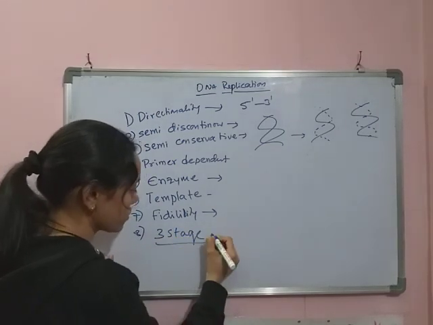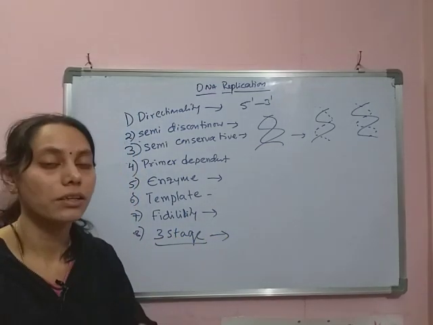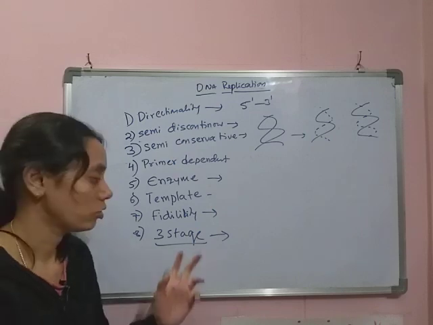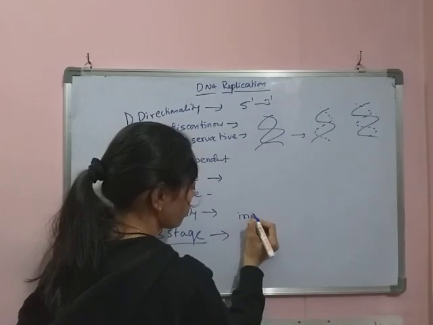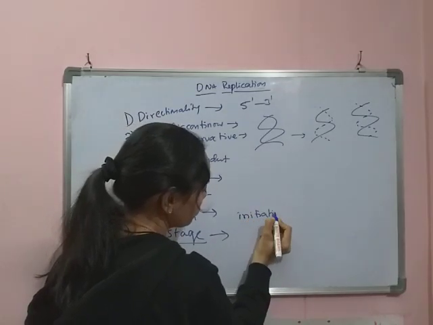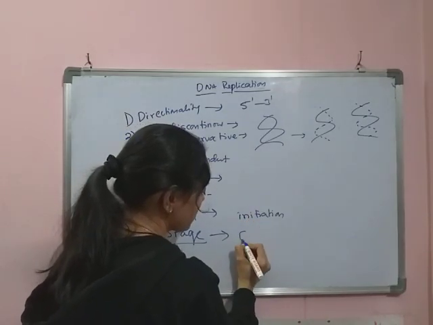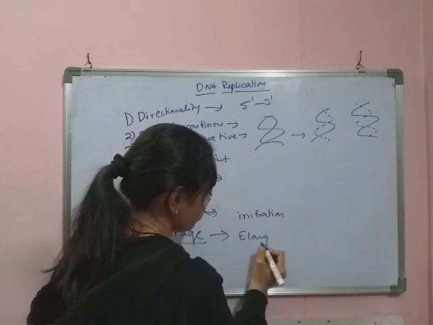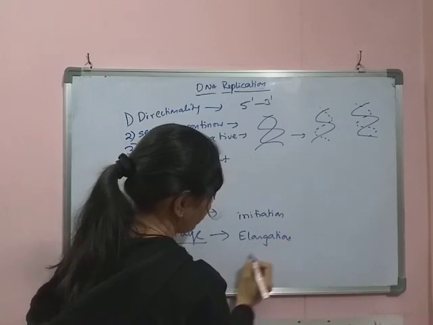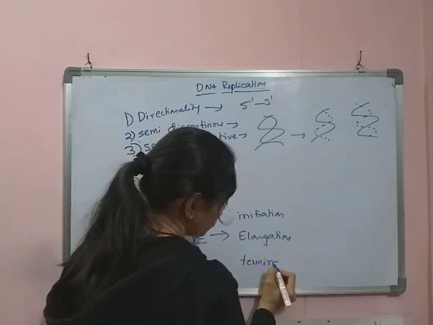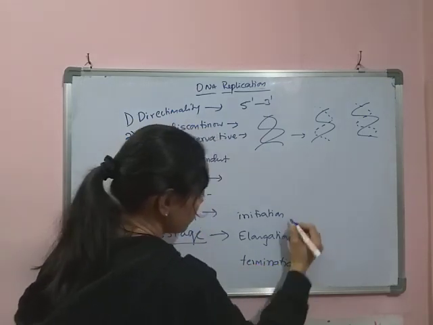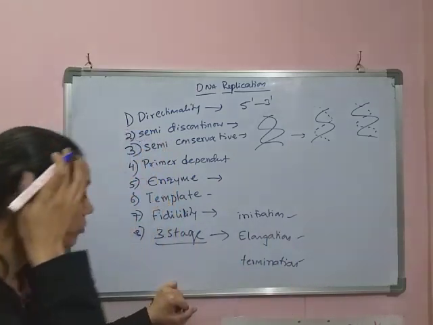For our understanding, for our convenience, the DNA replication can be divided into 3 stages. One is initiation, and second one is elongation, and third one is termination. So what is initiation, what is elongation, and what is termination?